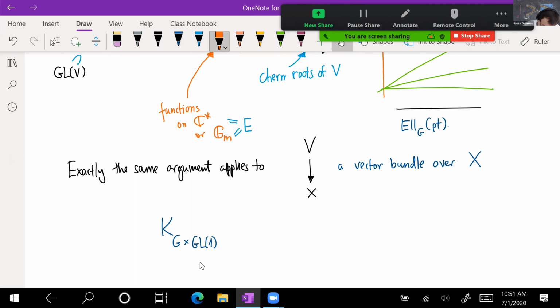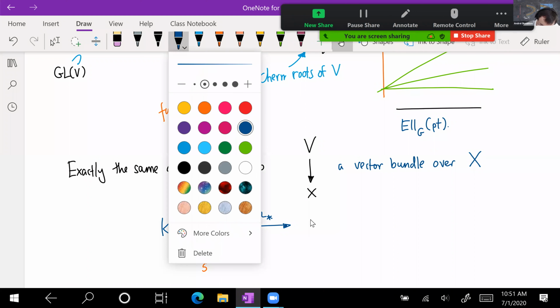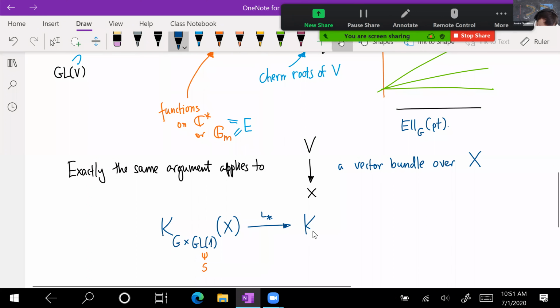This is where that variable S lives. And then there's a push forward map, pushing forward into the total space G cross GL1 of the total space V, and then the map to the quotient.